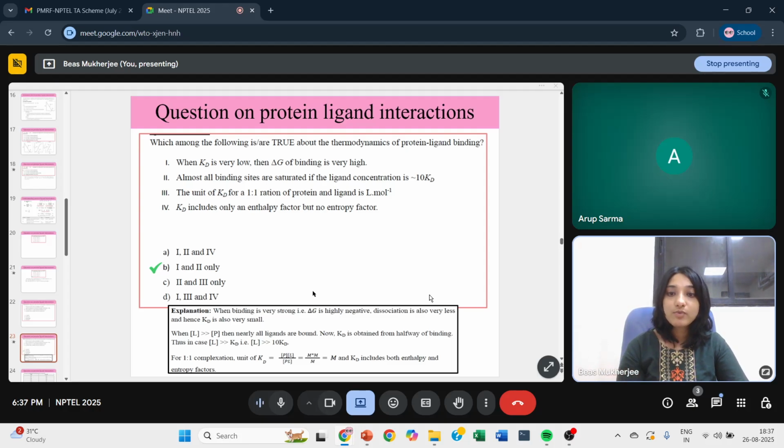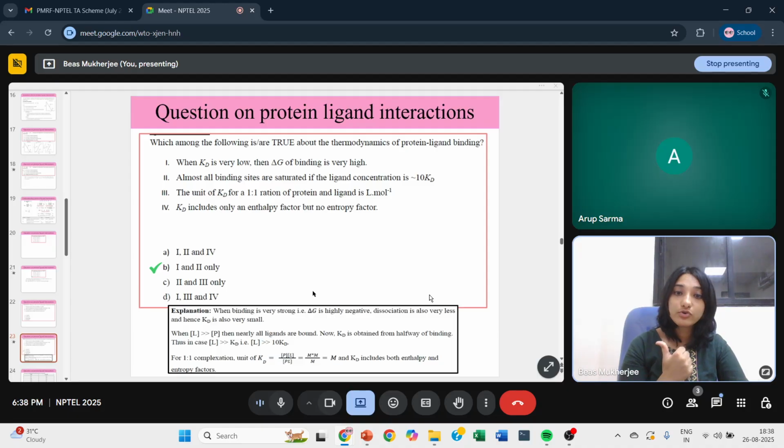And for 1:1 complexation, the unit of KD is P into L divided by PL. Now all of these are molar, right? So molar divided by molar, so that is molar. Molar is the unit of KD, and KD includes both enthalpy and entropy factors.